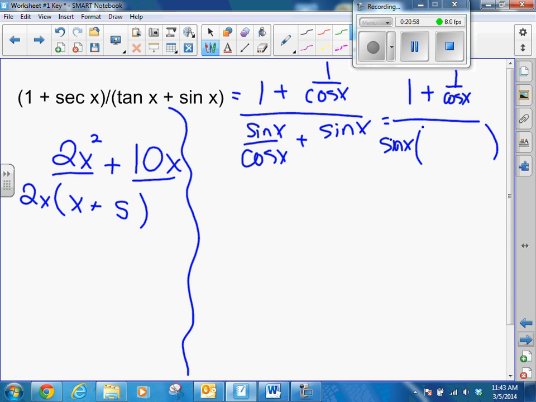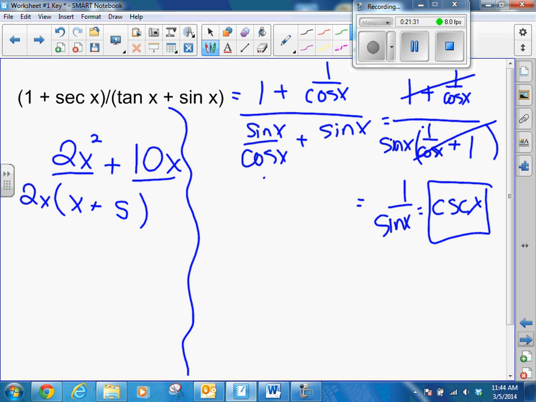So what am I left with here? 1 over cosine, yep, plus 1. Now, I'm glad we simplified the top, because what do you notice? They're the same thing. So that actually all will cancel out. So we just have 1 over sine, which I want a whole number, which Allie said is cosine.